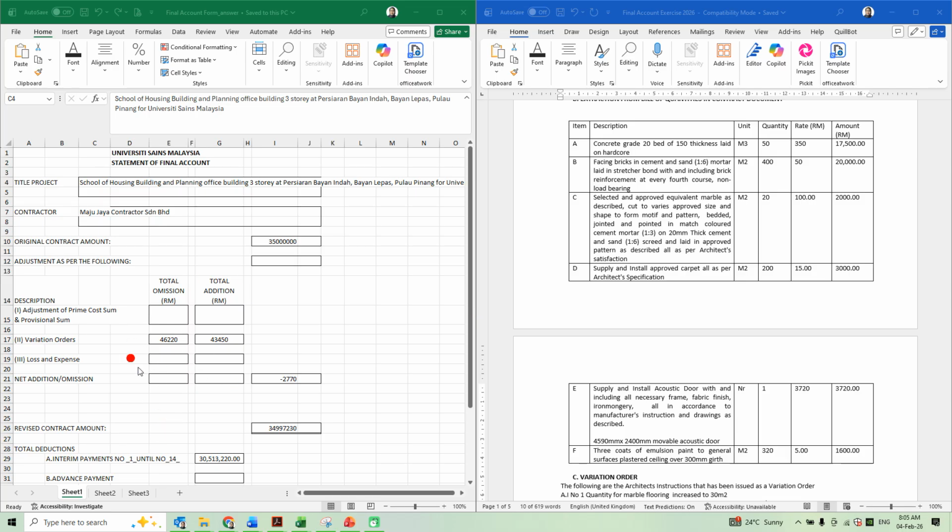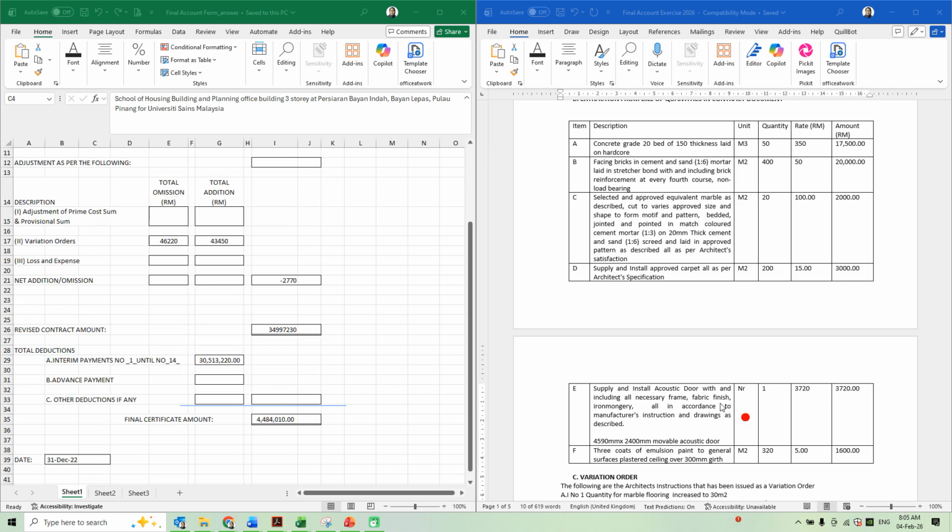So in this section, I will get the total omission value, total addition value, and the addition minus the omission. From this, I will know the revised contract amount, 35,000 minus 2,770, I will get 34,000. Now, this is the revised contractual sum.